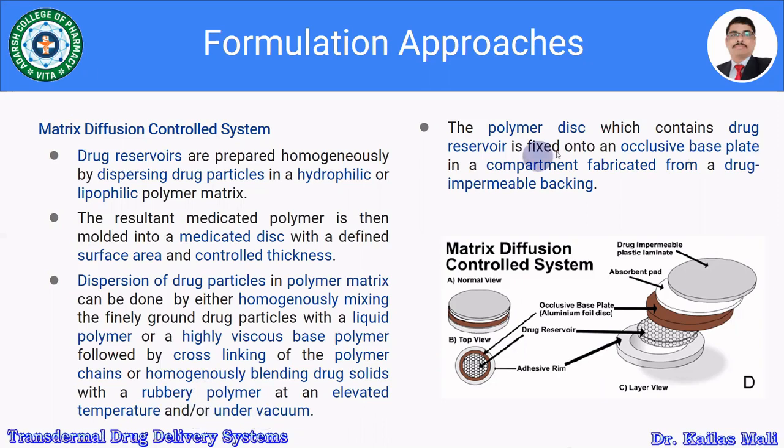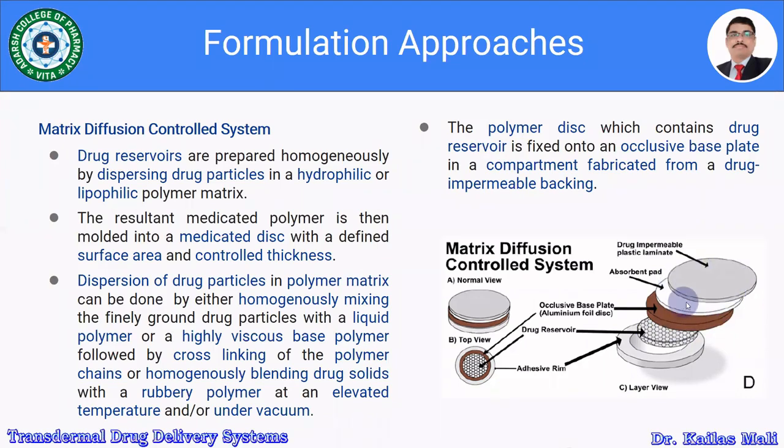The polymer disc which contains the drug reservoir is fixed onto an occlusive base plate in a compartment fabricated from a drug impermeable backing. So this is the drug impermeable backing laminate.